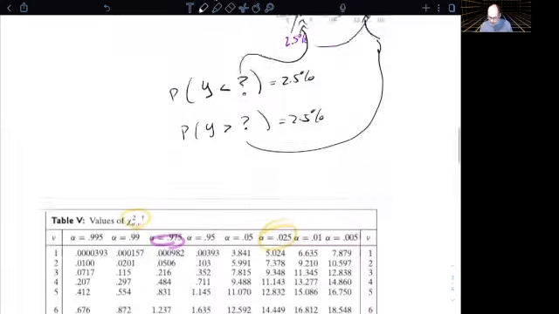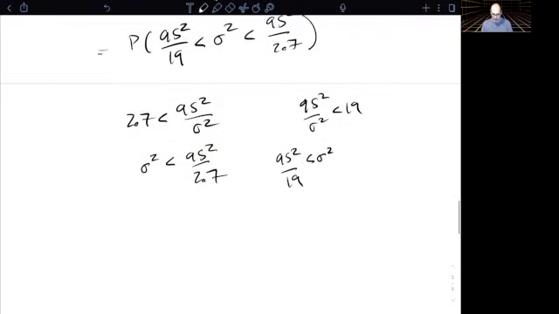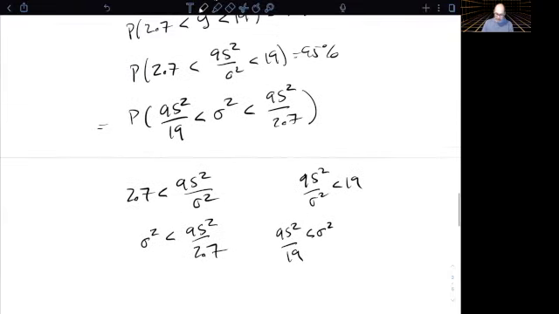So for our particular example, scrolling way up here, our sample variance was 7. And scrolling way down here, we find that we are 95% certain that 9 times 7 over 19 is less than our variance, which is less than 9 times 7 divided by 2.7.